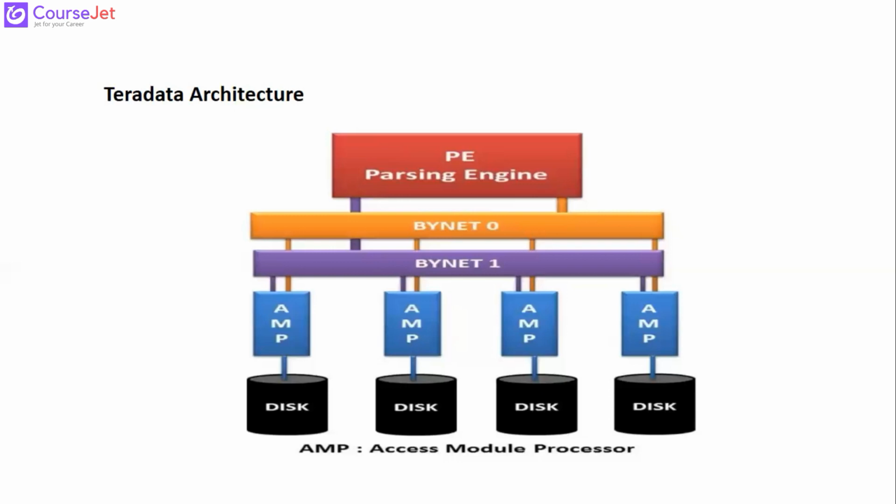So it will have a huge network, like gigabit network interfaces, and it will be active and standby, both Bynets. In case one goes down, the other will come up and pass the values. We'll see all these components one by one in detail.